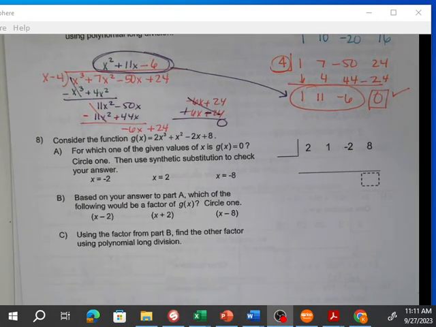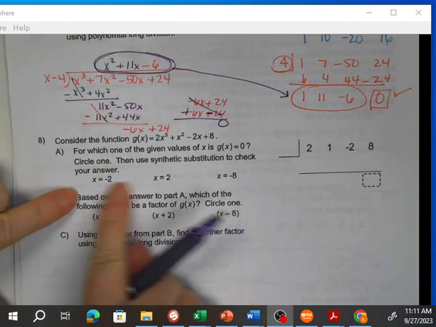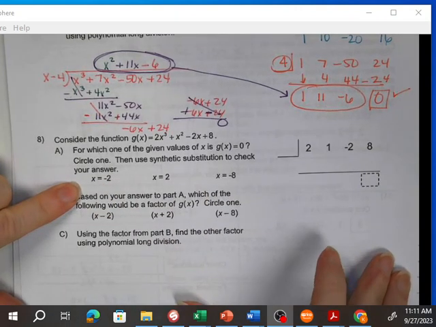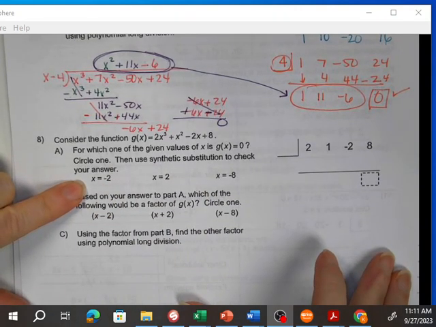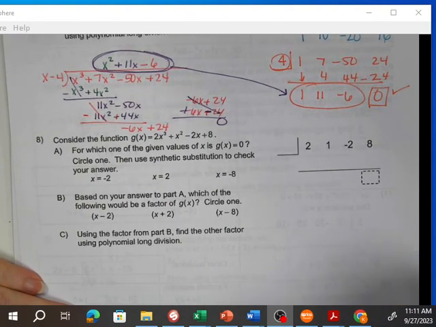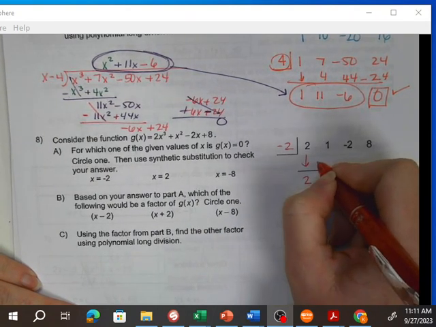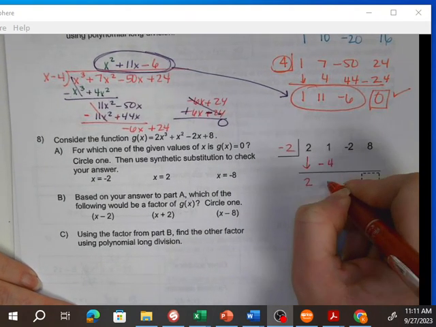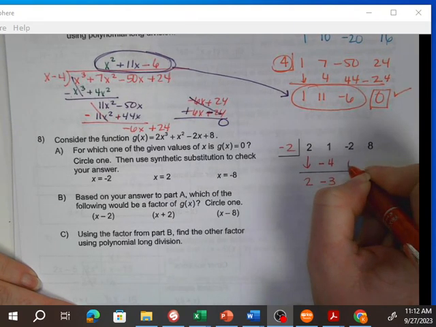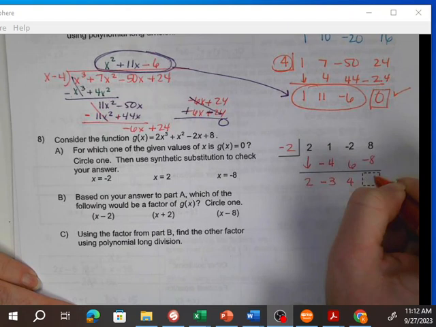So on number 8, they want us to do the same thing. Consider this function. Which one of these do you think is a factor? And there may be more than one. Negative 2? All right, so 2. Thank you for finding the right one.